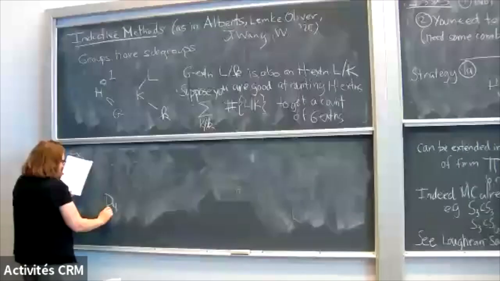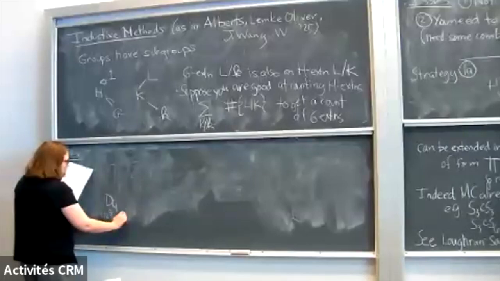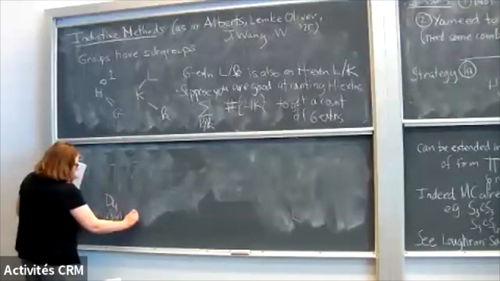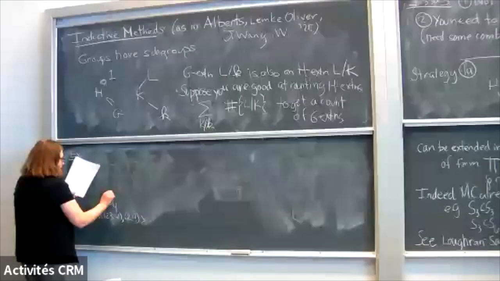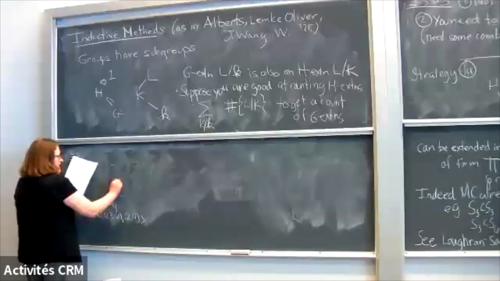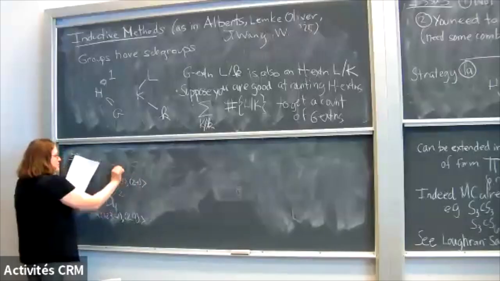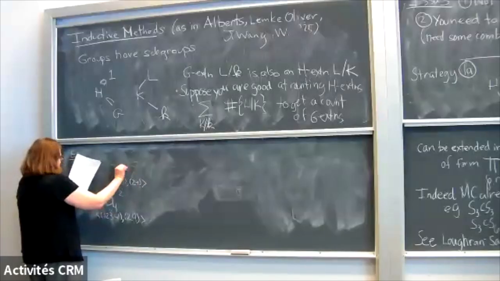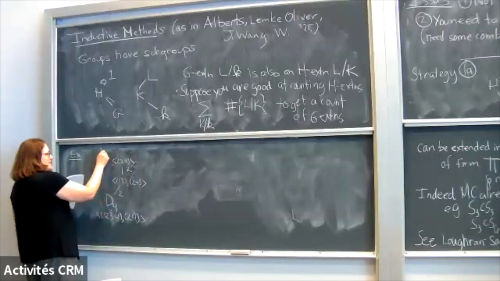I'll write D4 as a permutation group generated by (1 2 3 4) and (2 4), like symmetries of a square. It has an index 2 subgroup given by the group generated by the transpositions, and an index 2 subgroup in there given by one of the transpositions.